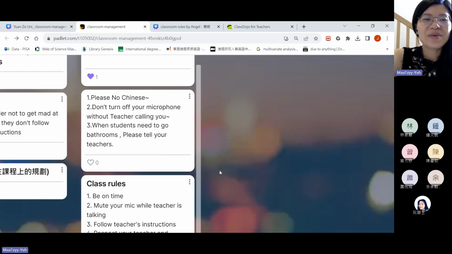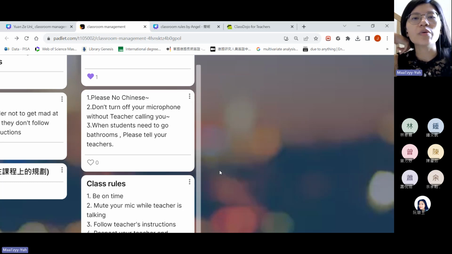And next one, please no Chinese. I would always say that also in my class. But the trick is it's actually allowed for them to speak in Chinese during the discussion with their peers, or when they really don't know how to say that in English, then I think some portion of the Chinese is allowed. Or you could say, may I speak in Chinese, before you just say a lot of Chinese with no English.